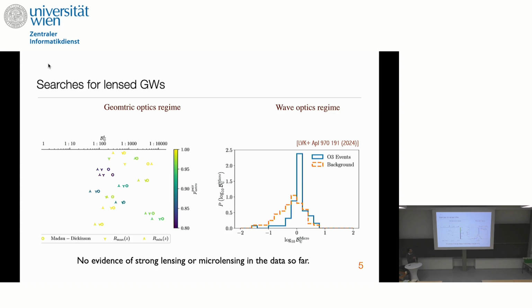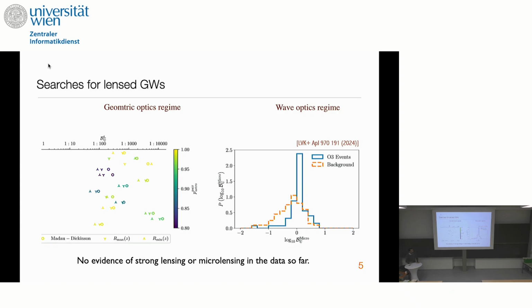Each dot corresponds to a pair of events, and the color shows the probability that the pair is associated with an astrophysical event, so-called P astro, if you're familiar with what the LIGO collaboration releases. In summary, we don't see any events that have a likelihood ratio close to 1. We don't see any significant evidence of any of them being lensed.